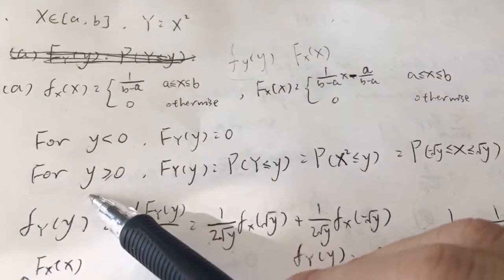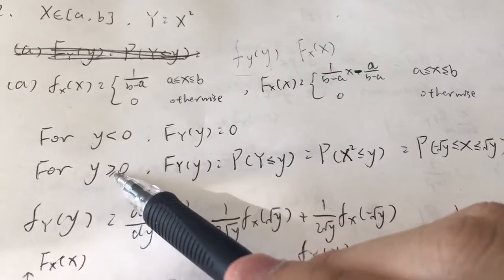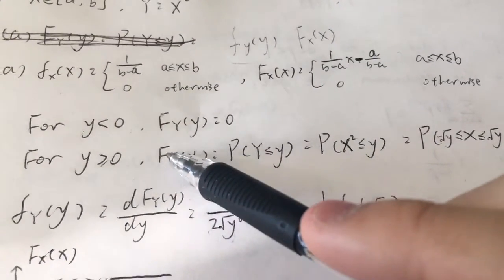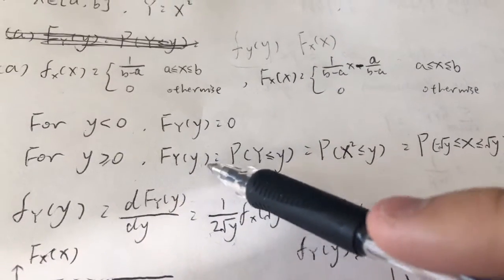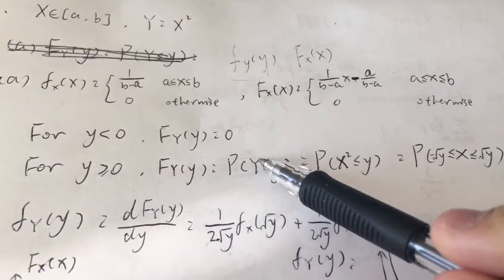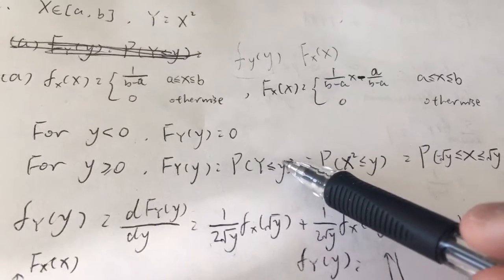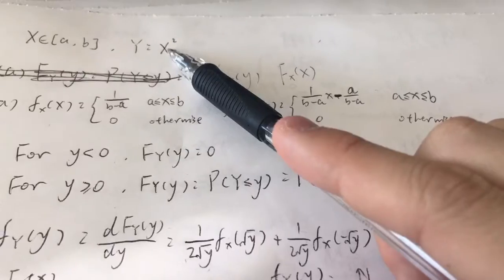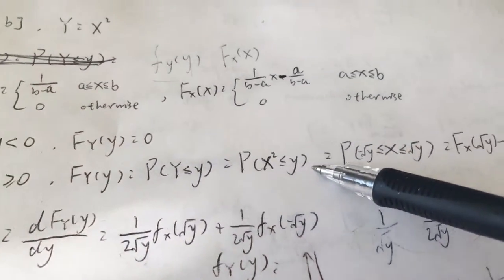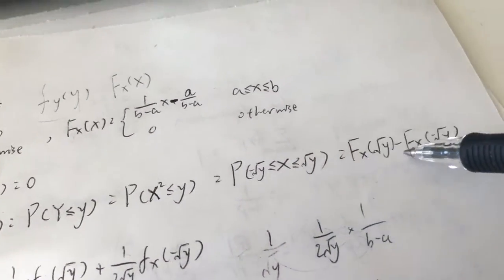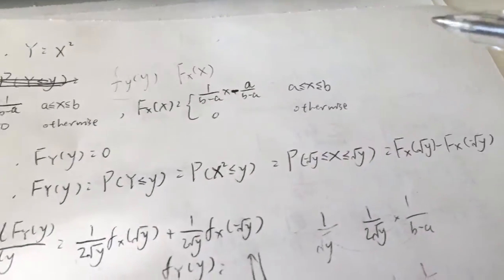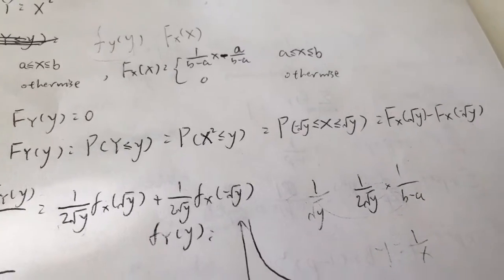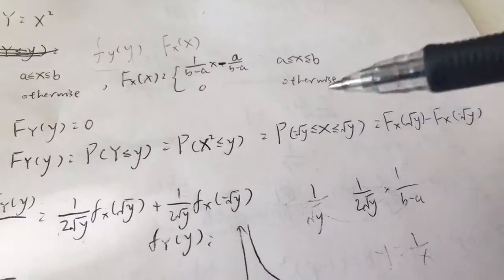For y no less than 0, it equals the probability that the large Y is no more than small y. We put the square of x into this, and finally we got the distribution function of y in terms of the distribution function of x.